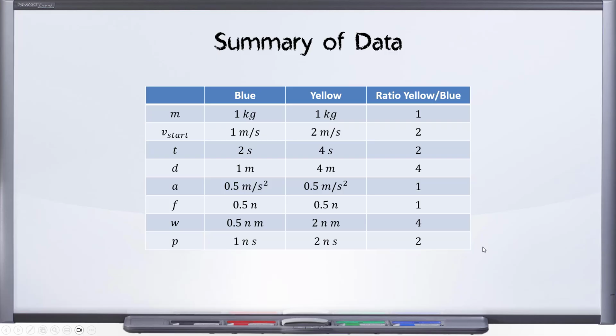But here's really the question. The work and the momentum are right here. Doubling the speed of the object doubled its momentum. But doubling the speed of the object seems to have quadrupled the amount of work that we did. And why is that? Because of the way work is defined, right? I say it a million times here.